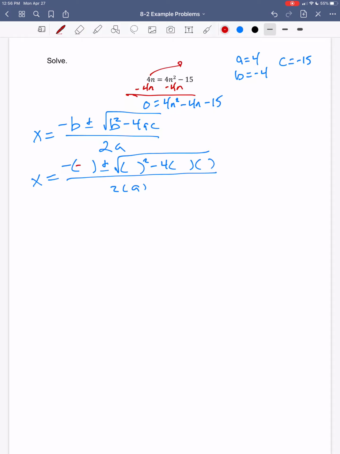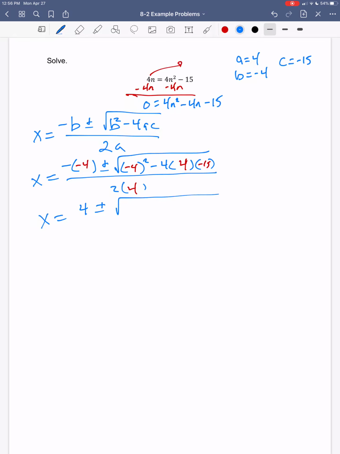B is negative 4. A is positive 4. Oops, what did I do down here? All right. A was positive 4, and C was negative 15. Okay. So, minus a negative turns into a positive.